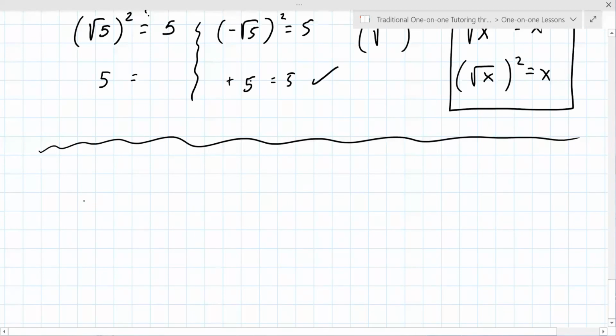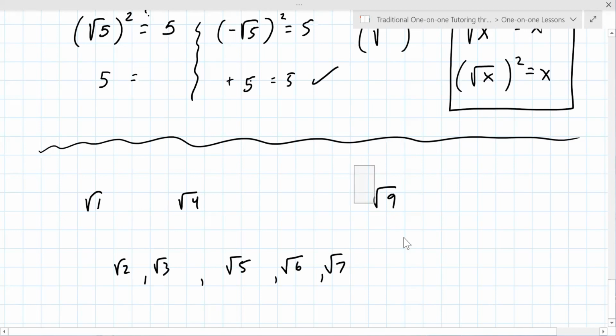Okay, so just to continue this thread a little bit, square root of 1 is friendly. Square root of 4 is friendly. Square root of 2, square root of 3 are not friendly. Square root of 5 is not friendly. Square root of 6 is not friendly. Square root of 7 is not, square root of 9 is. Now you notice I did not write the square root of 8.